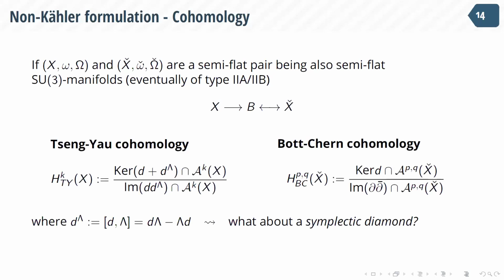On the complex side, we can use the well-known Bott-Chern cohomology, which is defined as the kernel of the del operator mod the image of the del bar operator.